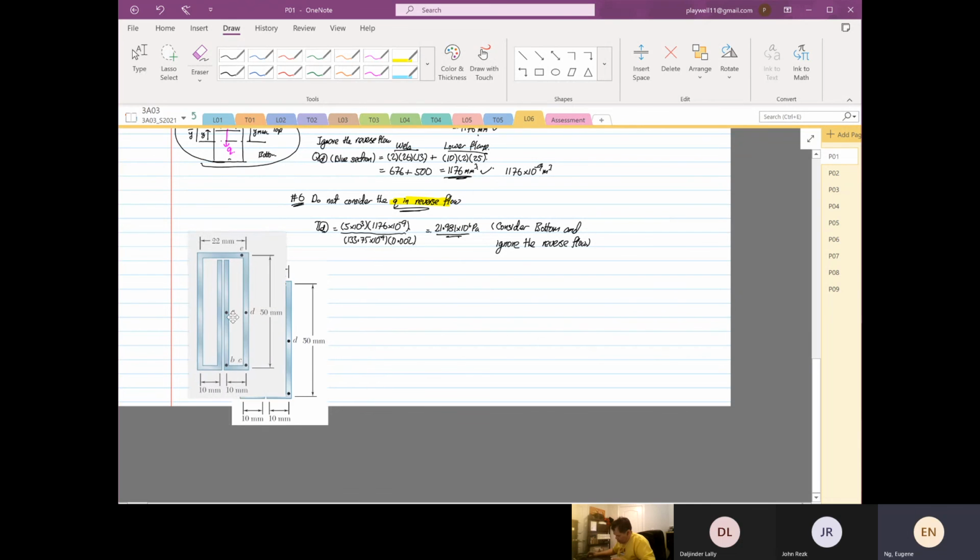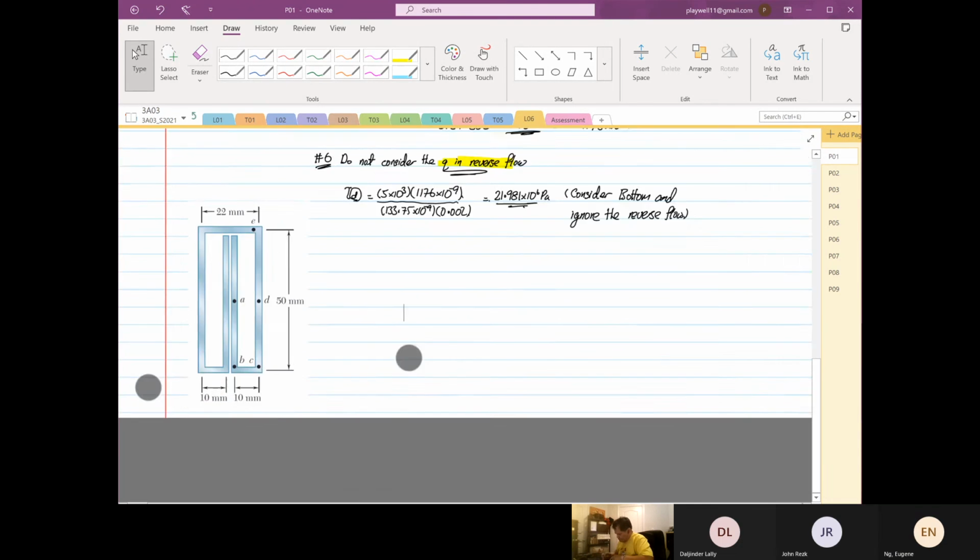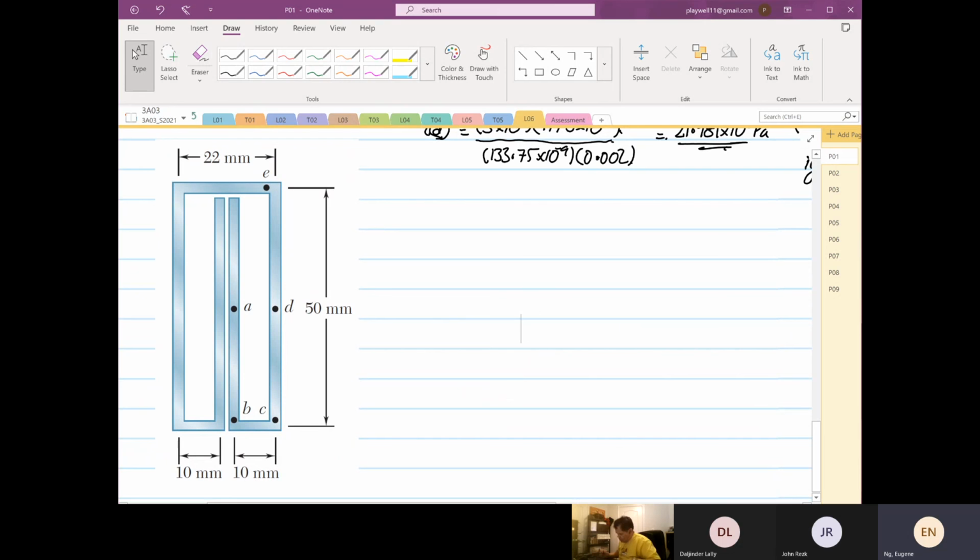So the next one we are going to consider is the shear stress at point C. You can see where point C is in the diagram itself.